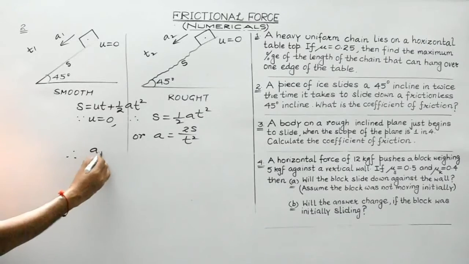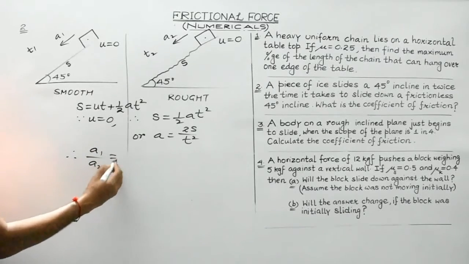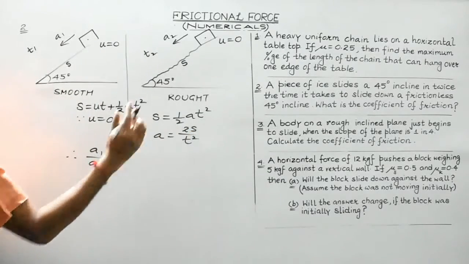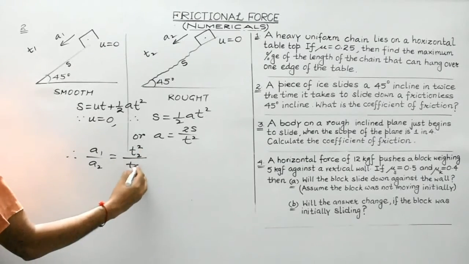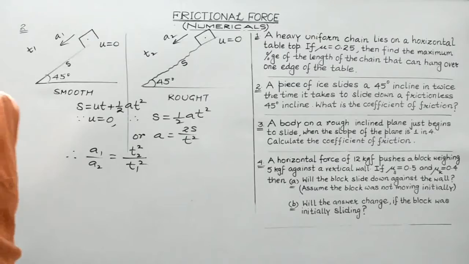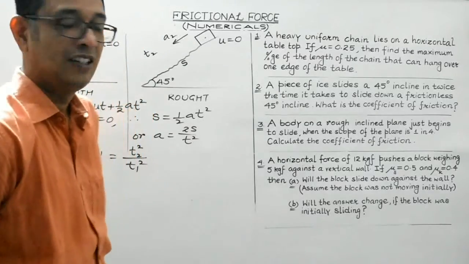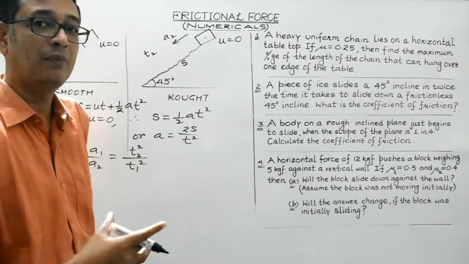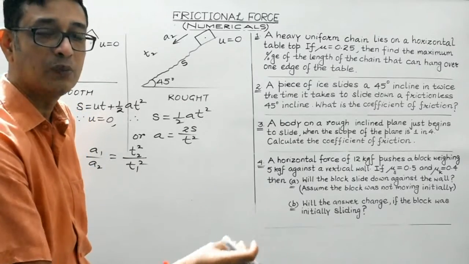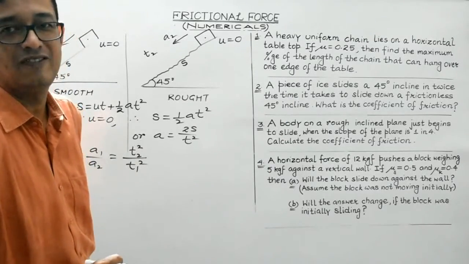Therefore, A1 by A2, with S and 2 common, is equal to T2 square divided by T1 square. Am I clear? So this is the relationship between the acceleration and the time taken by the block to slide down to the bottom of the inclined plane.